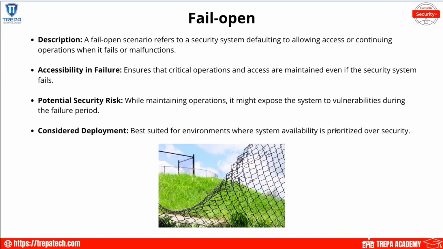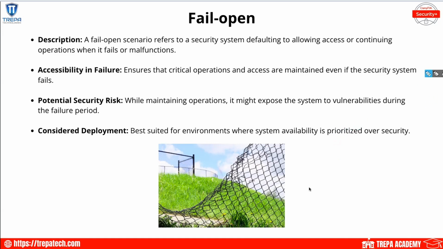So with the fail open, maybe something got breached, maybe a component of our system failed, but it's still allowing data to transit or transmit, and we're going to allow operations to continue, even if it might expose the system to potential vulnerabilities during the failure period.